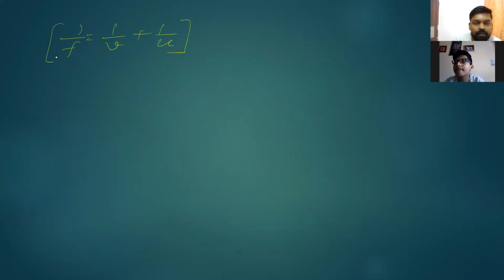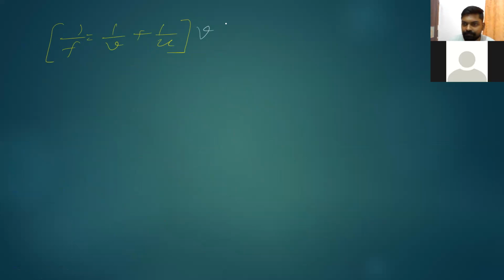As we know, this is the mirror formula: 1/f = 1/v + 1/u. Now multiply this equation by v on both sides. So this will be v/f = v/v + v/u.